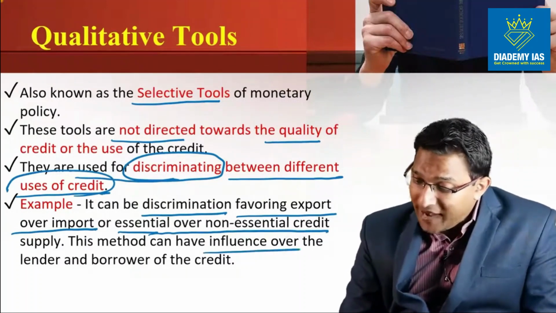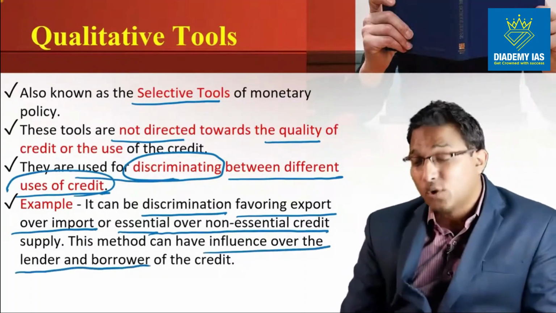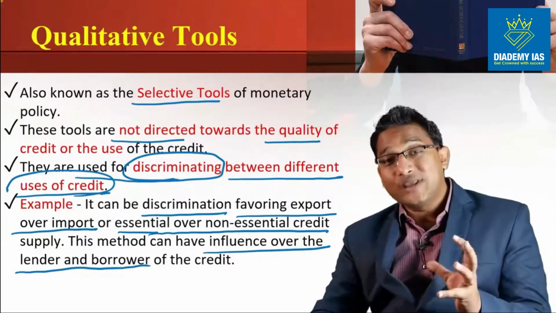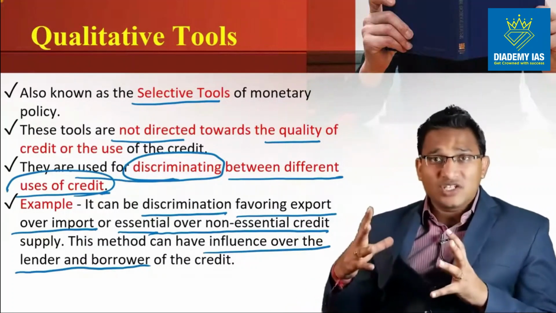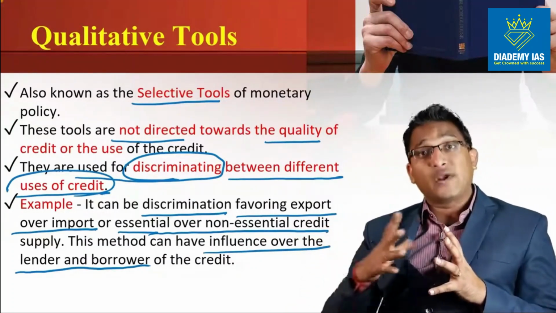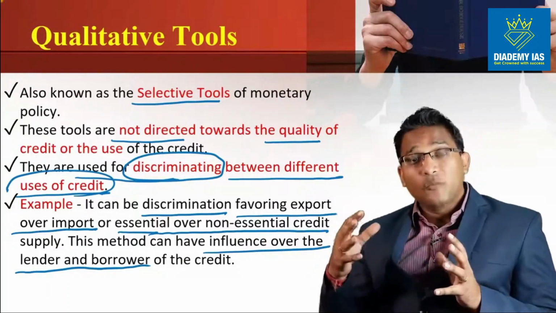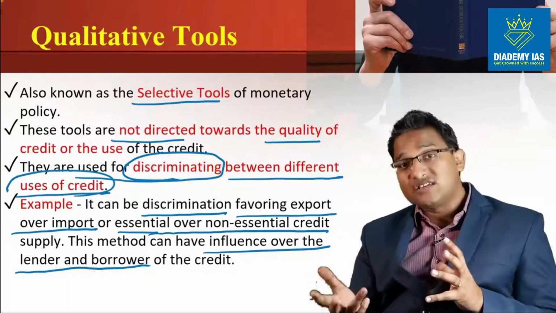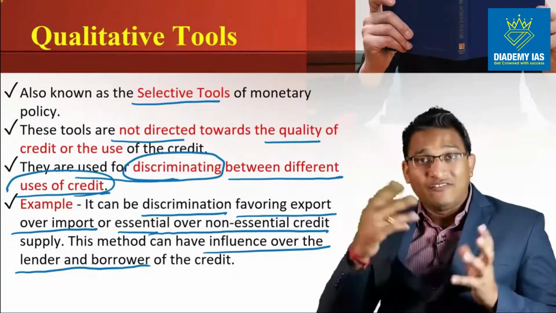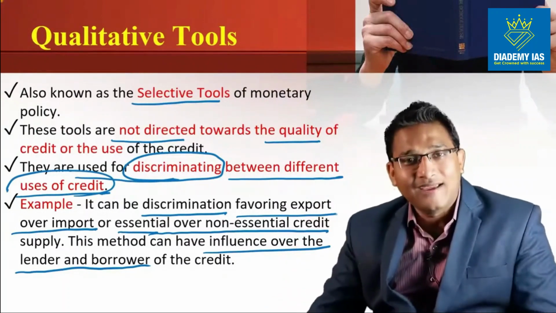It can have an impact over the lender and the borrower over the credit, right? So you can see it can shift focus from import to export or vice versa, from essential to non-essential or vice versa, from lender to borrower and vice versa. So anything can happen by changing the direction.